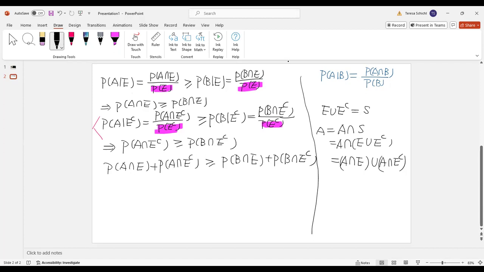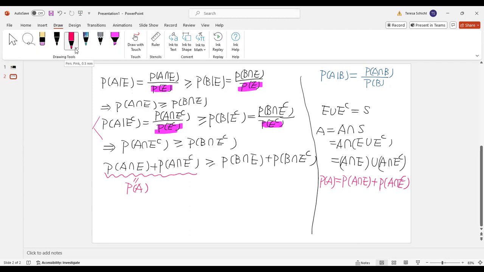If you put the probability on both sides, PA is equal to the probability of A intersect E plus the probability of A intersect E complement. So for these terms, I can say this is equal to the probability of A.